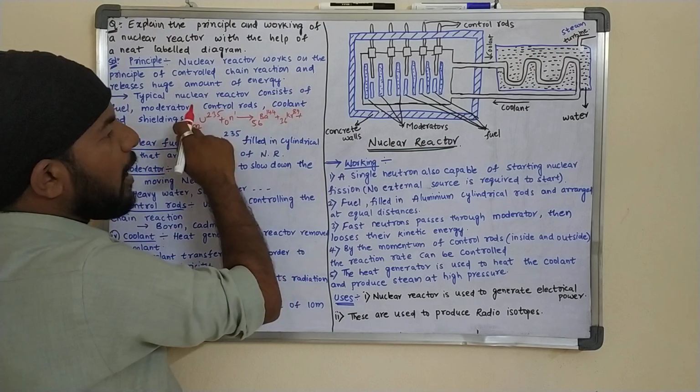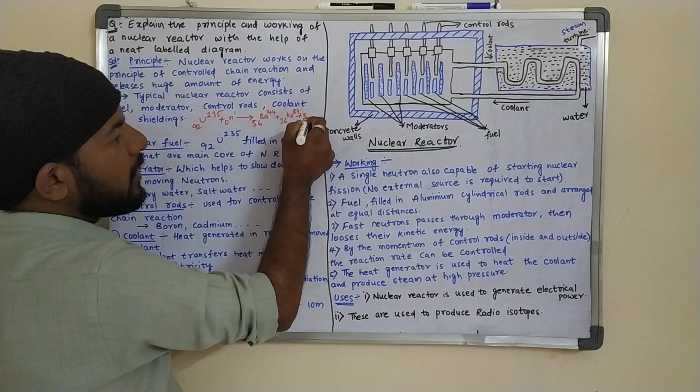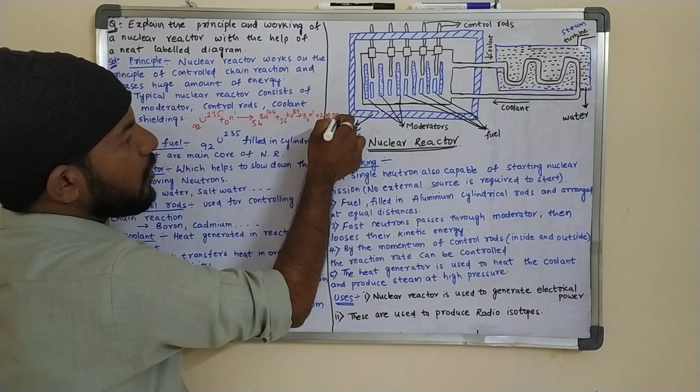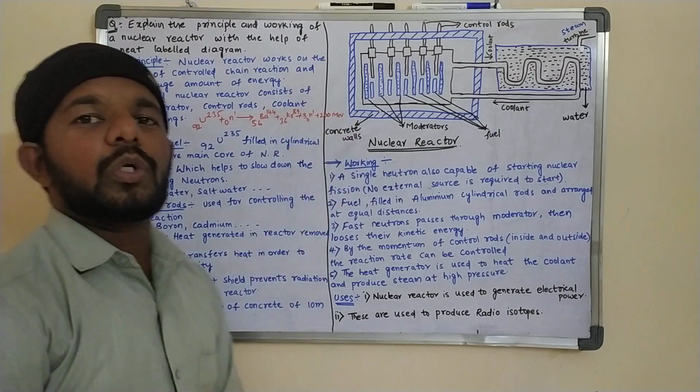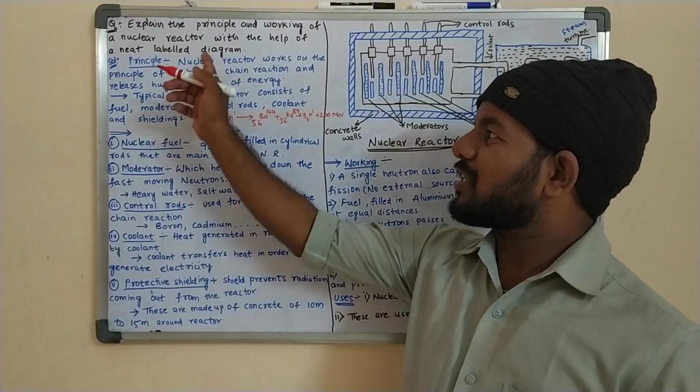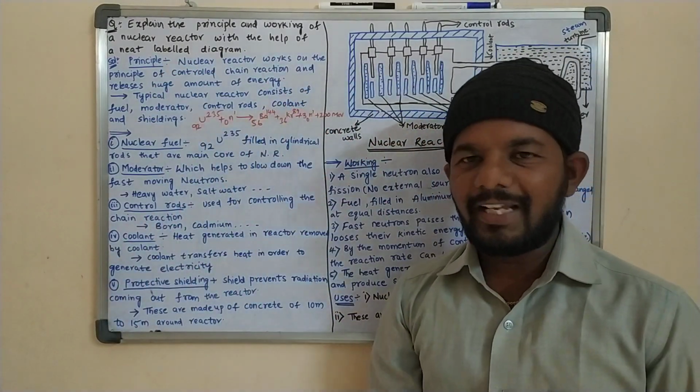If you are bombarding these, then you will be getting 3 neutrons and releasing a huge amount of energy, approximately 200 mega electron volt. So this is the principle of a nuclear reactor.